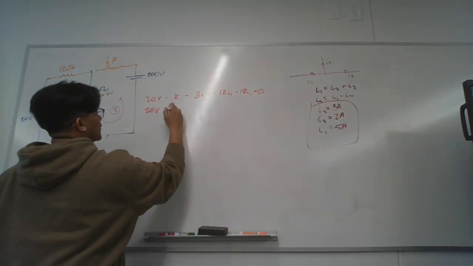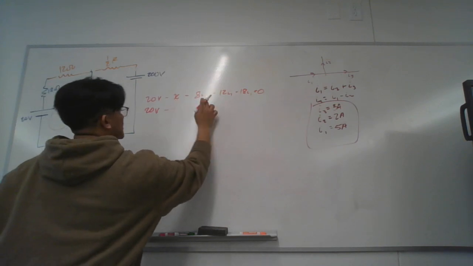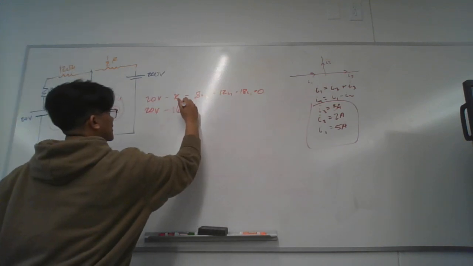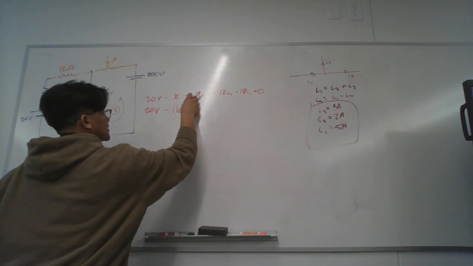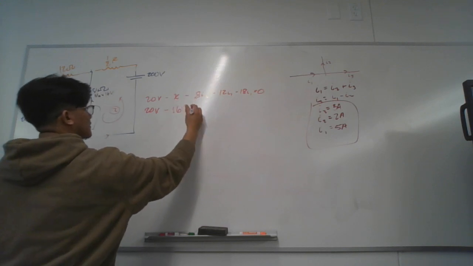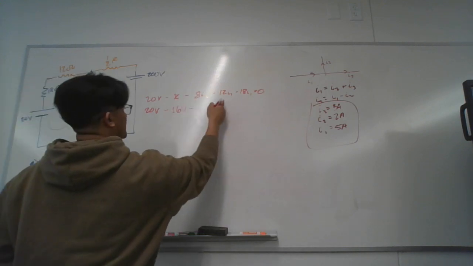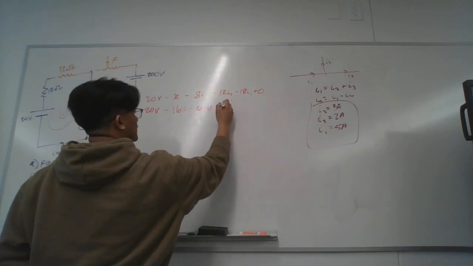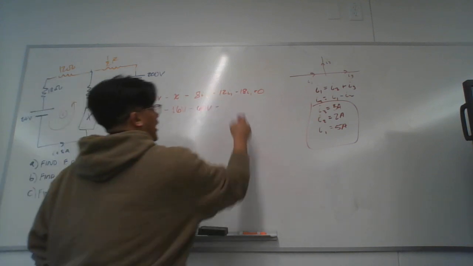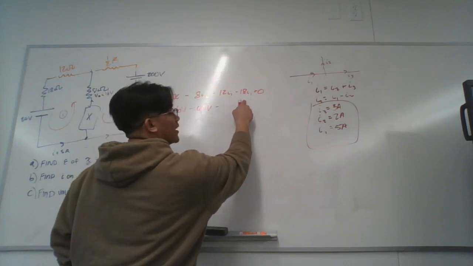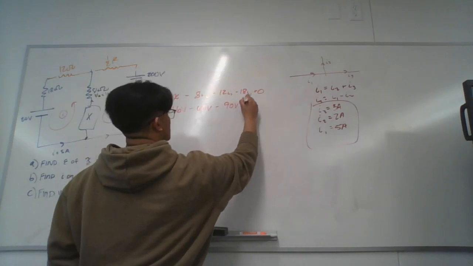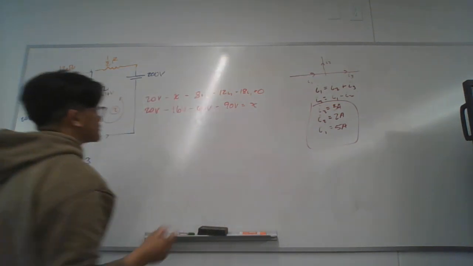So we're given 20 volts minus our I2 is equal to 2 amps. So 8 times 2 is just 16. This is just 16 volts. Minus 12 times 5 is 60 volts. Minus 18 times 5 is 90 volts is equal to x.